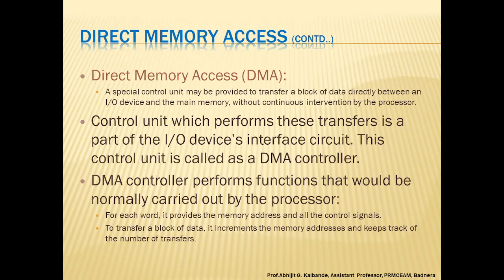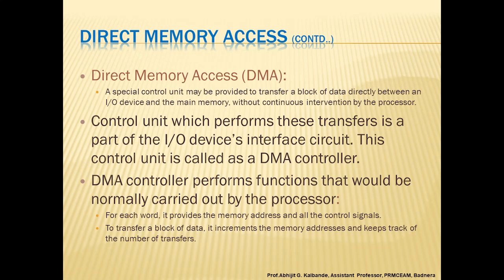Although the direct memory access controller can transfer data without intervention from the processor, its operation must be under the control of a program executed by the processor. To initiate the transfer of a block of words, the processor sends the following data to the controller: the starting address, the number of words in the block, and the direction of the transfer also.